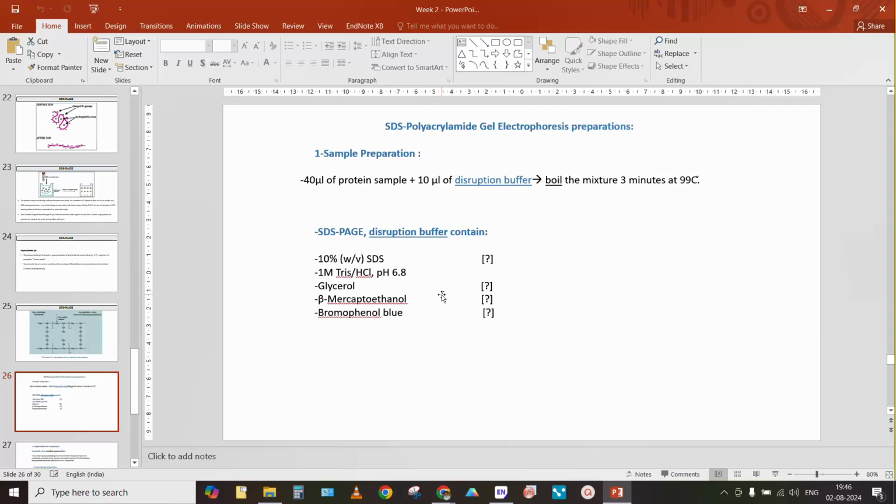How did I prepare the disruption buffer? It contains these kinds of chemicals. I cannot give you the entire protocols and how much amount I have taken, so I've just given the names of the chemicals.